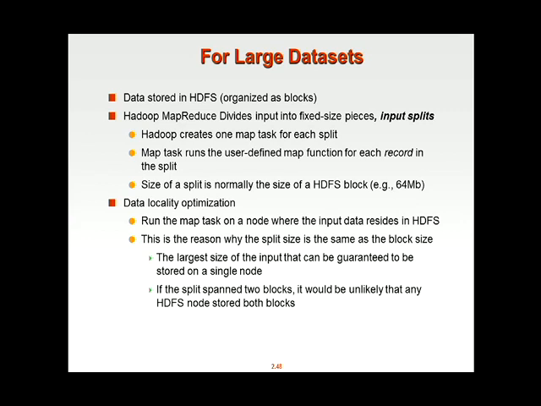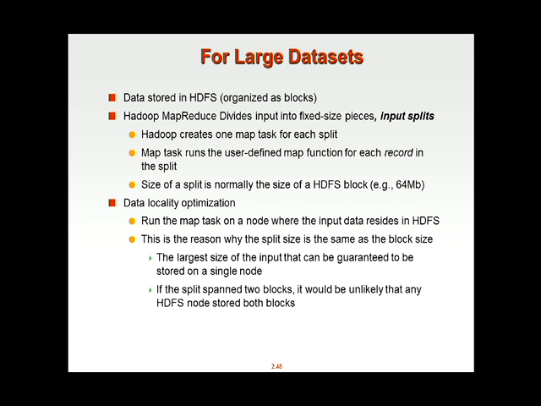Next, we utilize data locality to optimize our job execution. We run the map task on a node where the input data resides in HDFS. We move the map task to the data. This is the reason why the split size is normally the same as the block size.